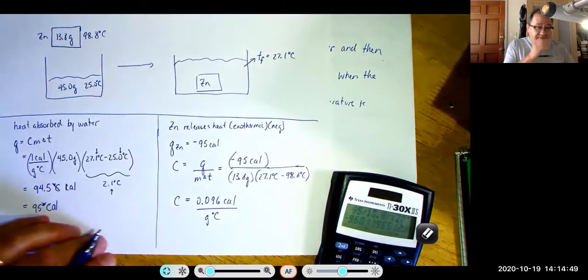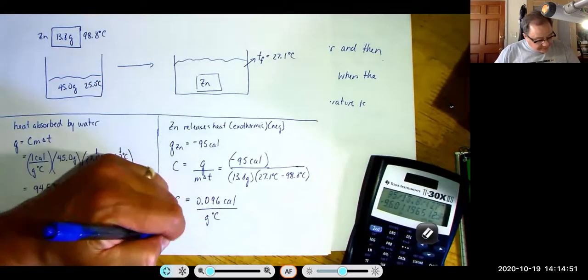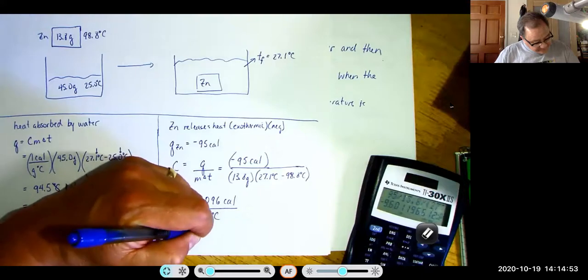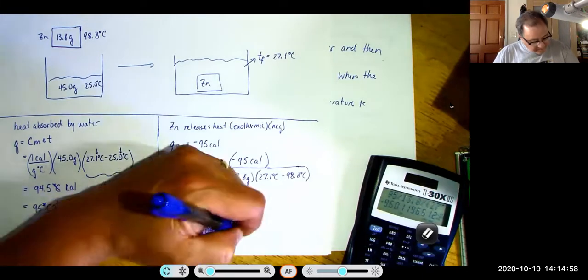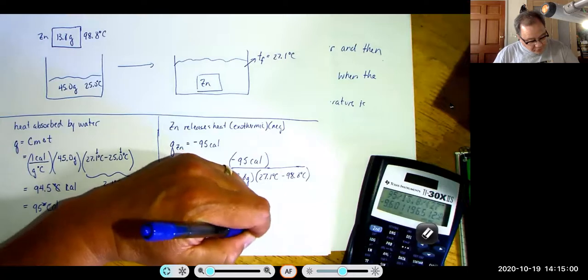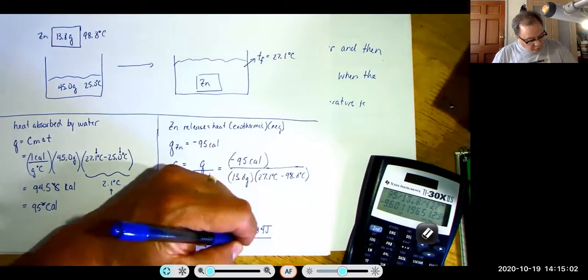Now, if I convert this into joules, I'd multiply by 4.184 joules per calorie.